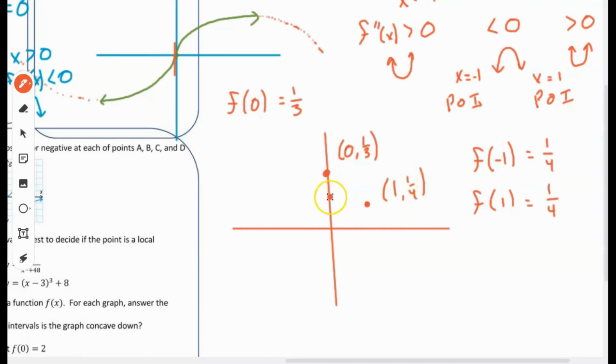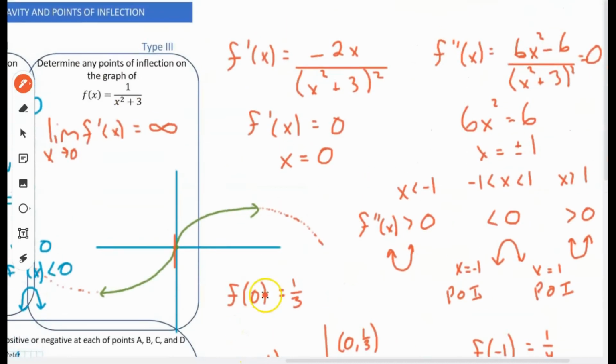That's a point of inflection. And something over here, which would be -1, 1/4. That's also a point of inflection. So we have a maximum here where it's opening down, and then it switches and opens up like that.